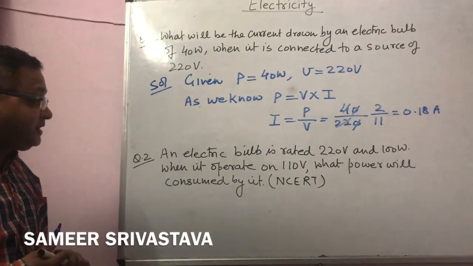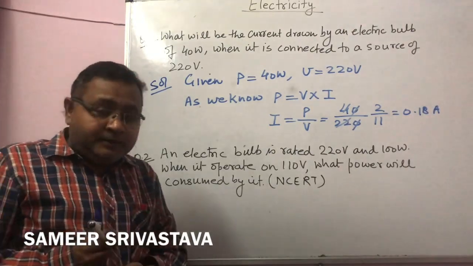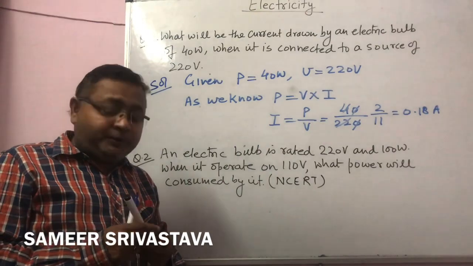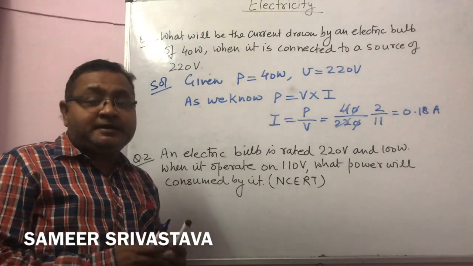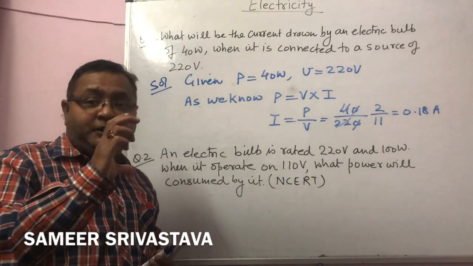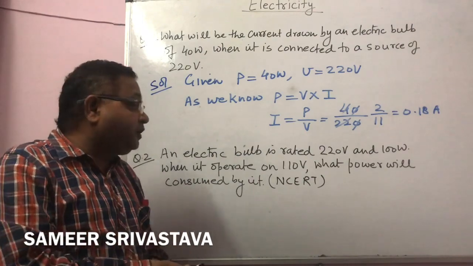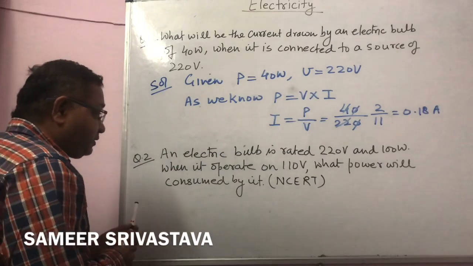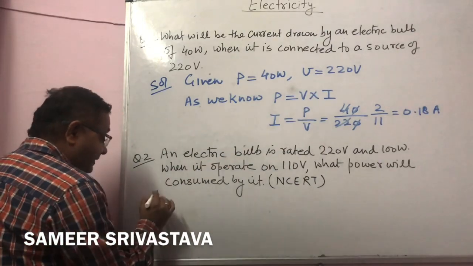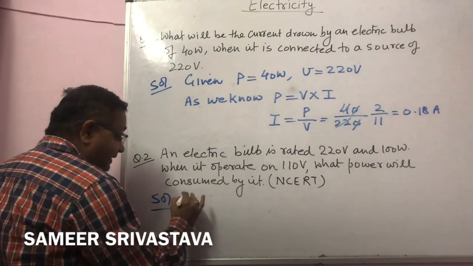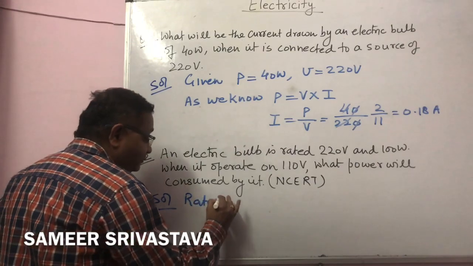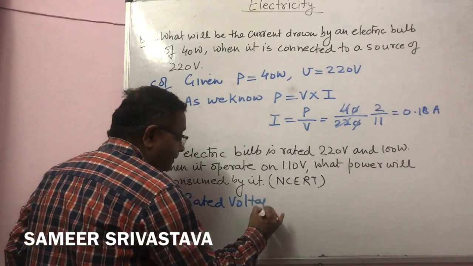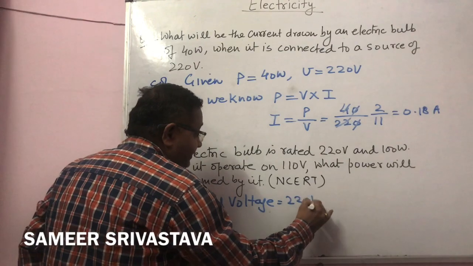Okay, what the question says is you have a bulb of rating 220 volt, 100 watt. What does it mean? The bulb power is 100 watt and it can be used for 220 volt, right? So here in this question the rated voltage is given as 220 volt, right?